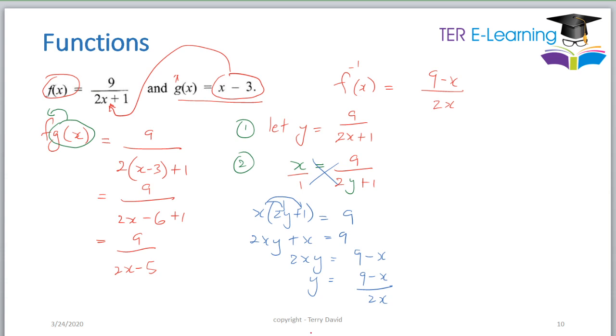Alright, just now, it seems people get different things. Let me just double check, make sure I didn't make a mistake. So y is equal to 9 over 2x plus 1. x is equal to 9 over 2y plus 1.